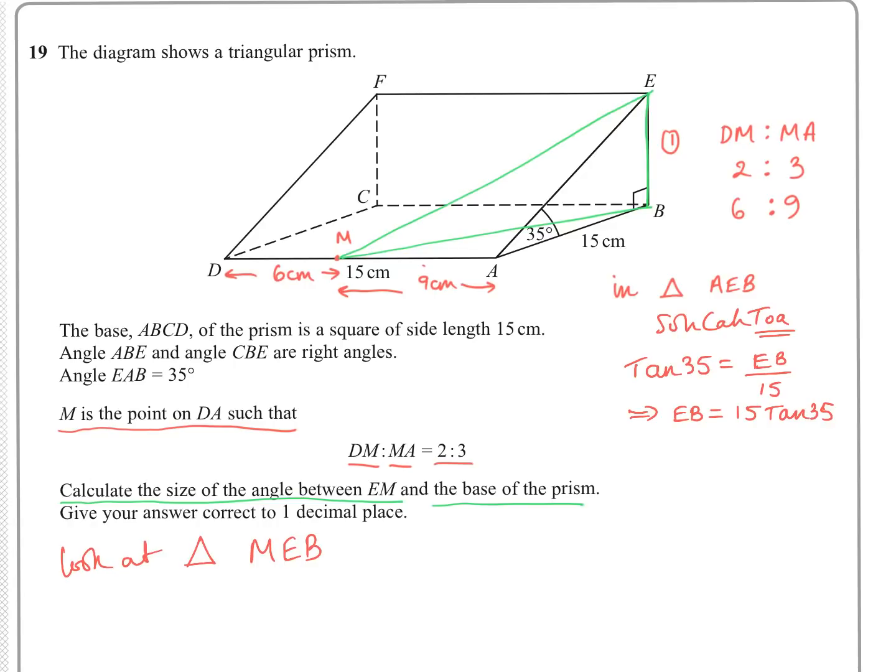We're having to find this angle between EM and the base of the prism, so we'll call it theta. I should have mentioned that earlier. And to find that angle, we just need to work out 2 of the lengths. Now, we already will know EB, because we've already got it here.